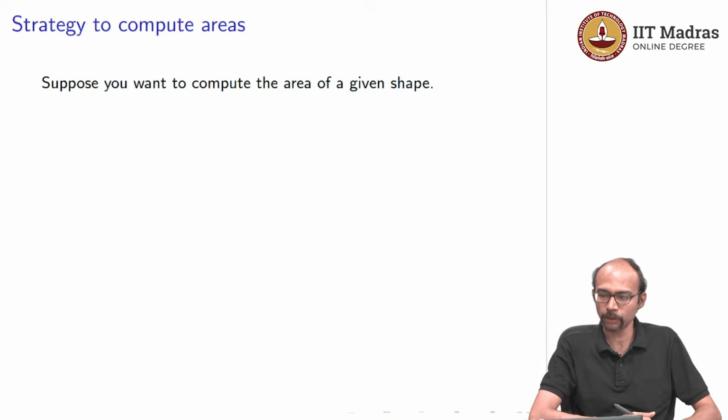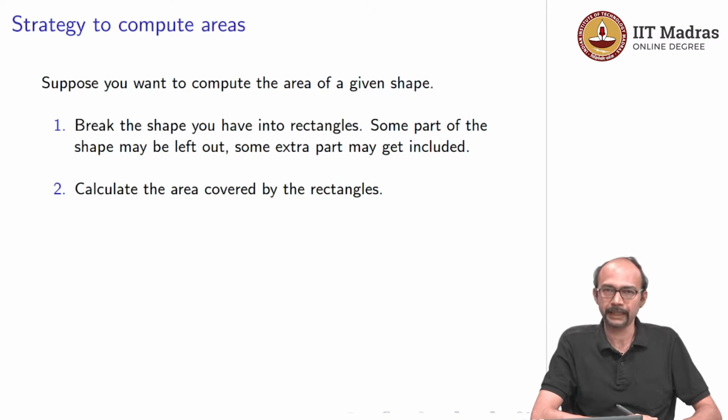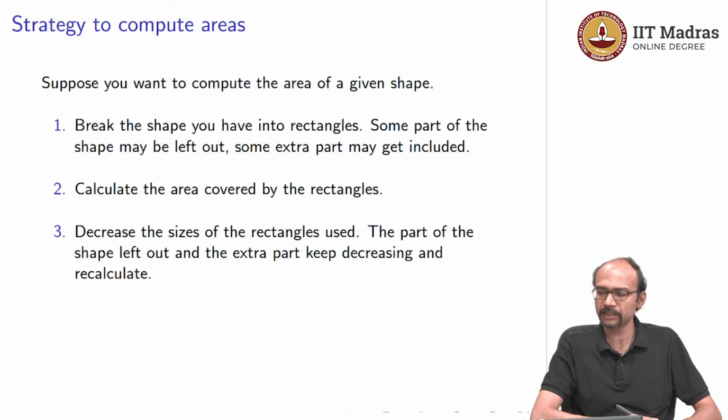So here's a strategy to compute areas. Suppose you want to compute the area of a given shape. Break the shape you have into rectangles. Some part of the shape may be left out, some extra part may get included. We saw this in the previous video. Calculate the area covered by the rectangles. Decrease the sizes of the rectangles used.